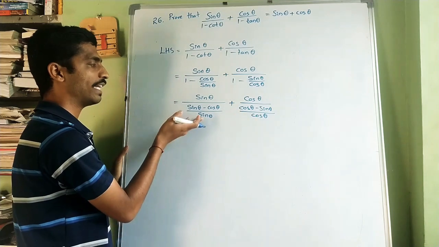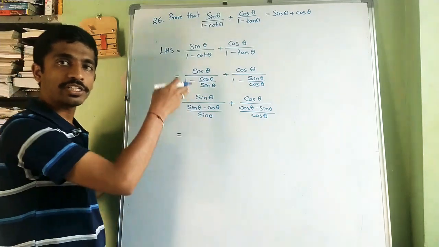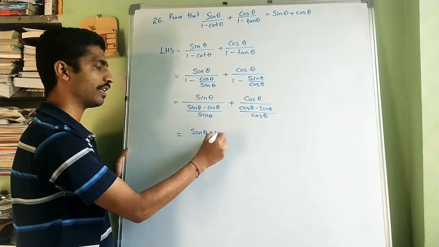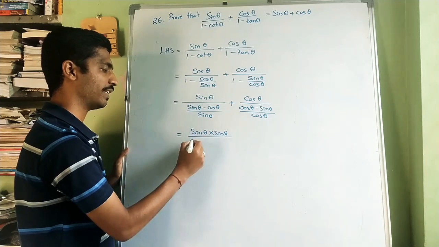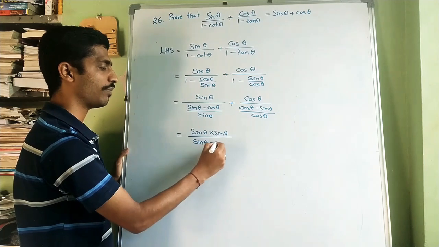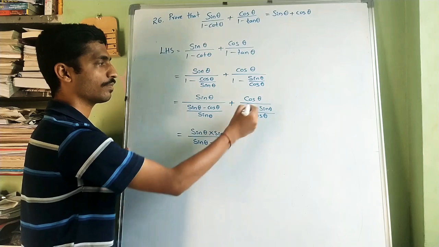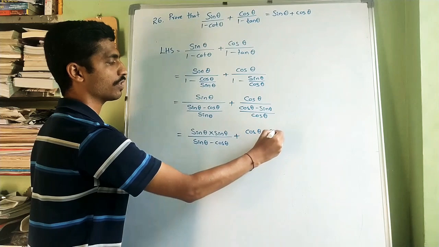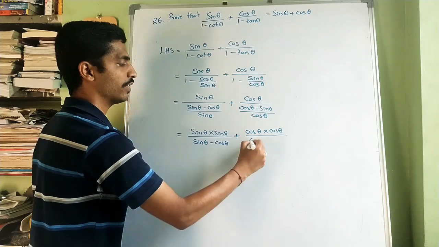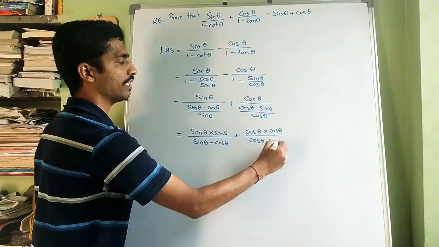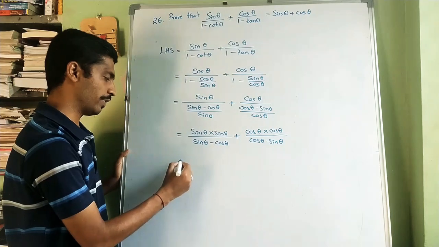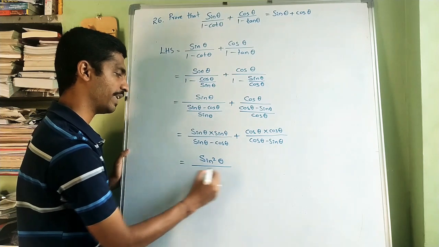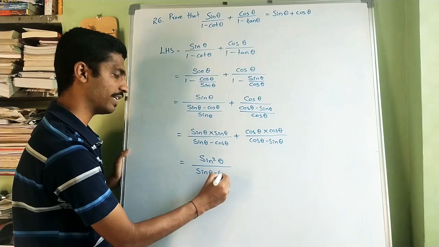Okay, so now take the denominator to the numerator, it becomes reciprocal: sin theta into sin theta whole divided by sin theta minus cos theta, plus, taking the denominator to the numerator as reciprocal, cos theta into cos theta whole divided by cos theta minus sin theta. Now sin into sin, sin square theta divided by sin theta minus cos theta.